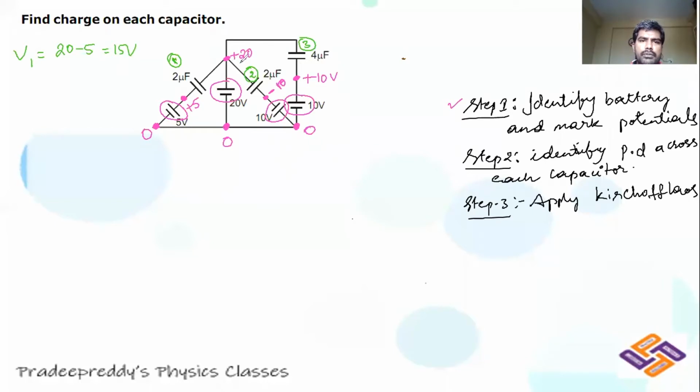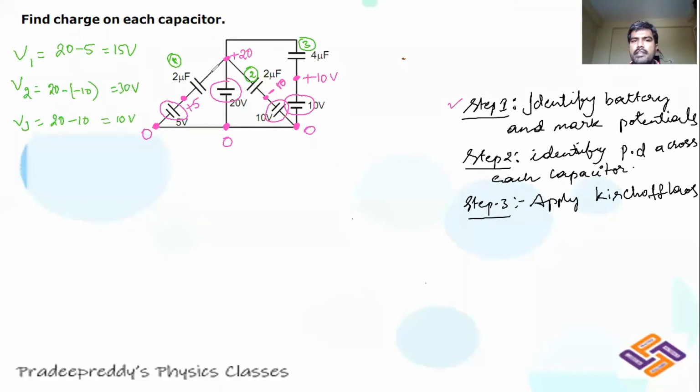Next, coming to the second one, V2 is equal to greater potential plus 20 and smaller potential minus 10. So the potential difference will be 20 minus of minus 10, which is equal to 30 volt. That is the second potential difference. And across this third capacitor, the greater potential is 20, the smaller potential is plus 10. It is 20 minus 10, which is equal to 10 volt.